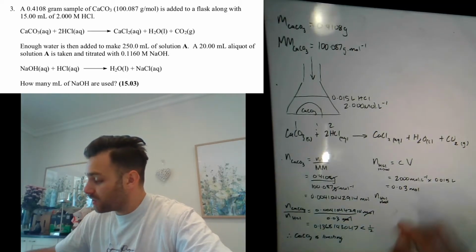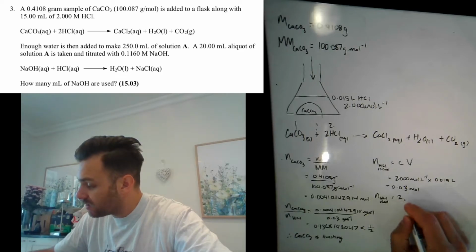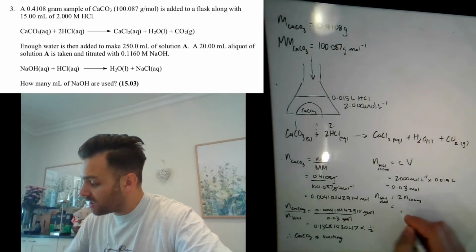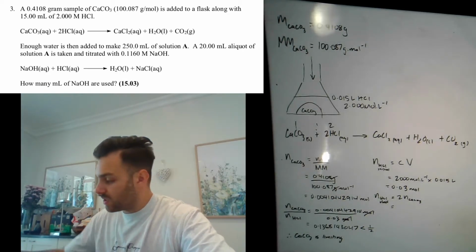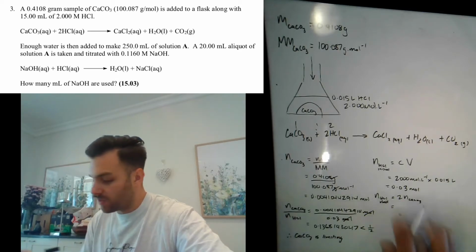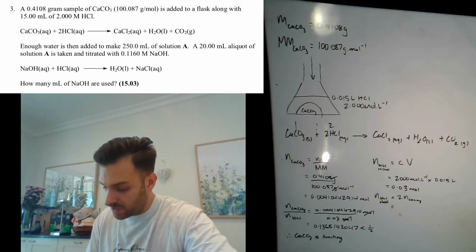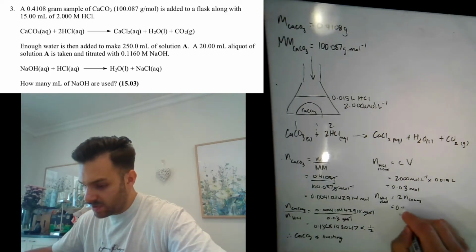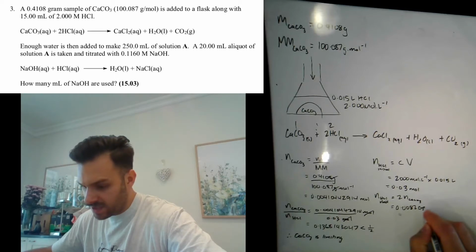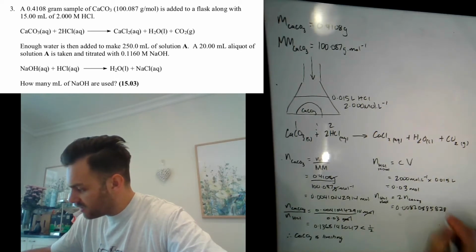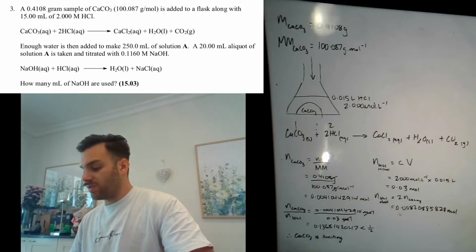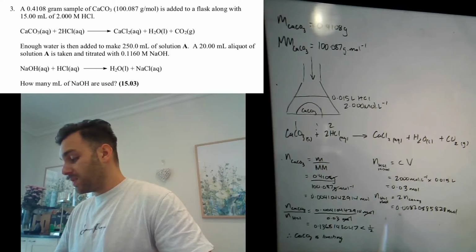The number of moles of HCl used is equal to twice the number of CaCO3 used, which is 2 times 0.00410442914, 0.00820885828 moles. So we know the initial number of moles, we know the number of moles used or reacted.